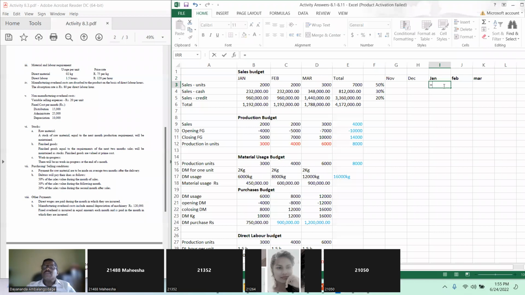So 50% of your sales, here 960, you take the 50%. 50% means multiplied by 0.5. And here also 50% from your sales, which is again 960. I think you will agree with me, same figure.